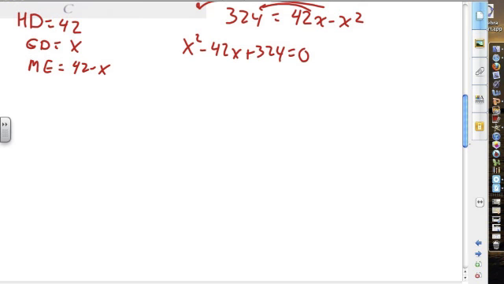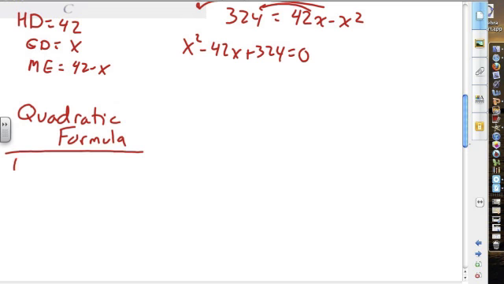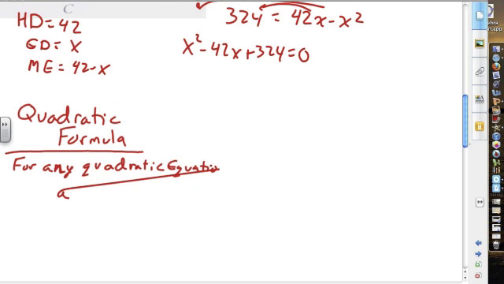Well, that leads us to an interesting problem. If you think all the way back to algebra, you had the little thing called the quadratic formula. And it said, for any quadratic equation, put it in there, ax squared plus bx plus c equals 0.